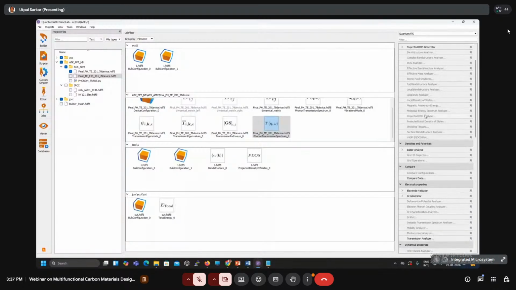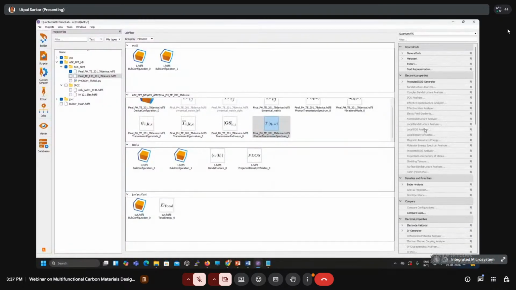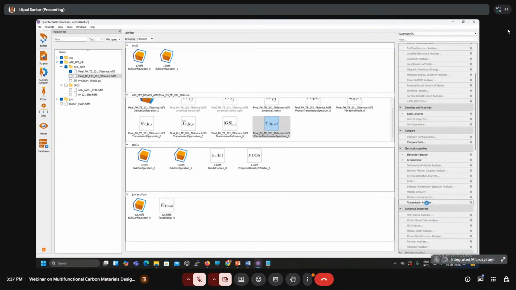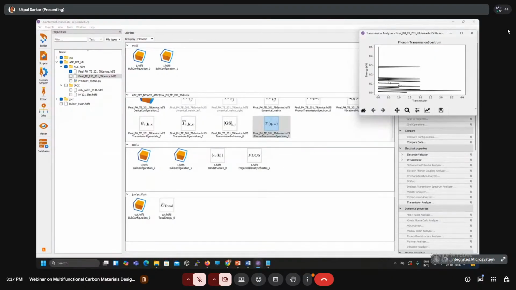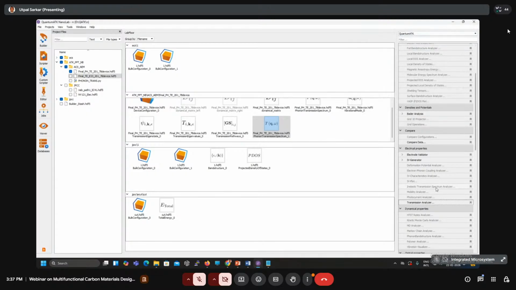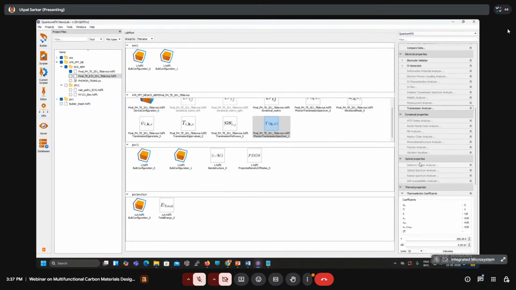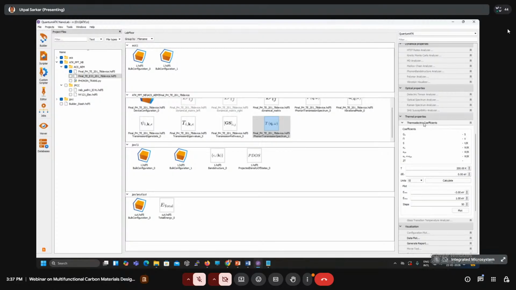Actually, this is the transmission spectrum due to phonons. And now we will calculate the thermoelectric properties due to phonons.